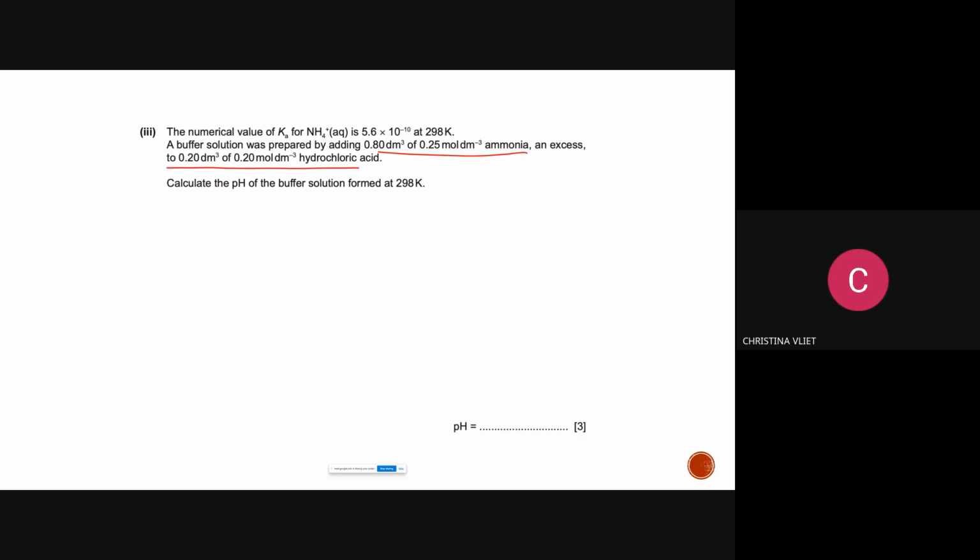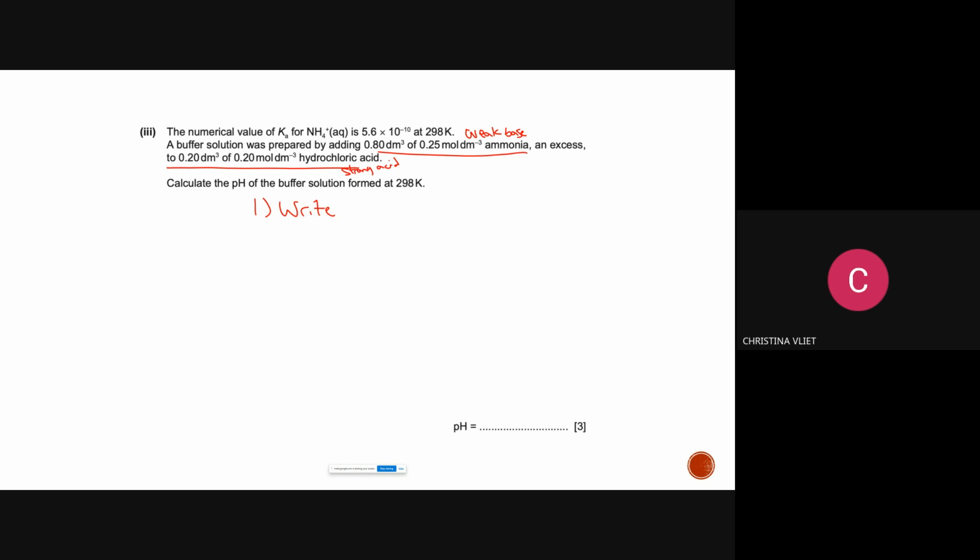What should we do now? Write the chemical equation. Because they have given us a method to create a buffer by taking a weak base, actually, gross, and adding a strong acid. So we're going to start with the equation.